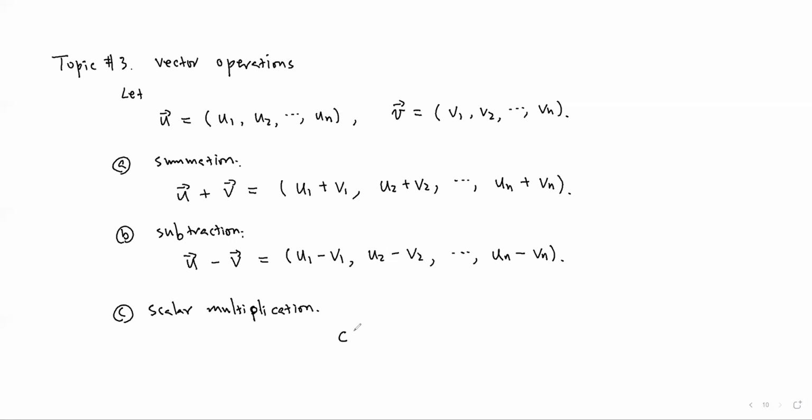C is a number times vector u, this is a new vector. How to get this new vector? Multiply the scalar C to all the entries. So it is C times entry 1, C times entry 2, C times entry 3, and so on.